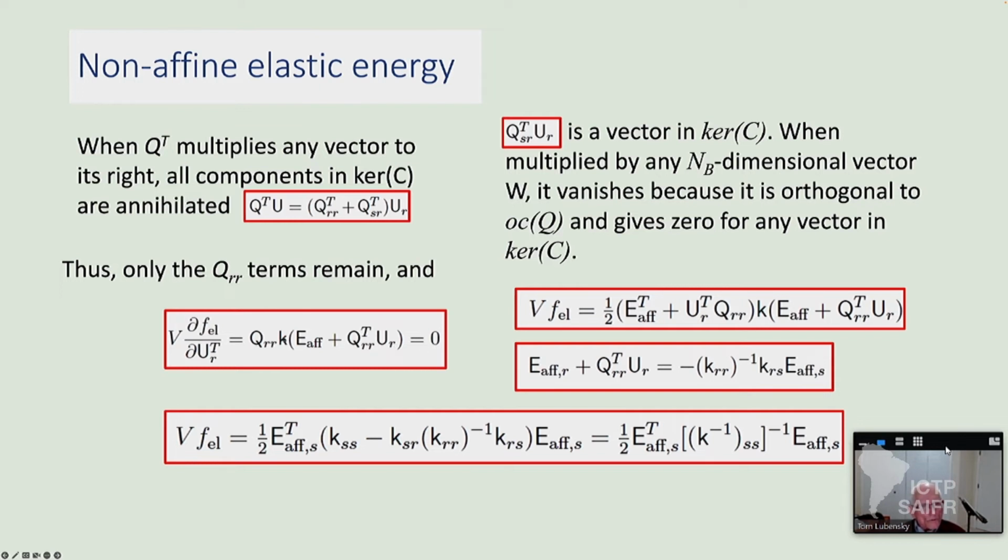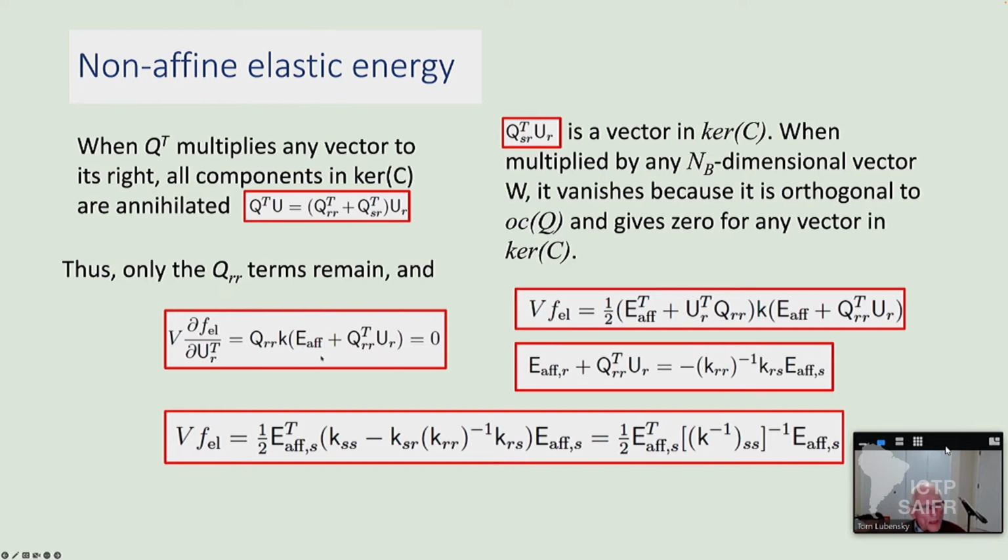Now this is true for all K and QRR, so I can just kill the QRR, but the affine part has a part that is along the S direction. So I write this as, let's see, did I write it up here?